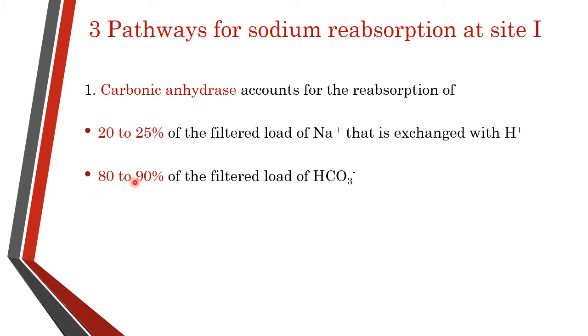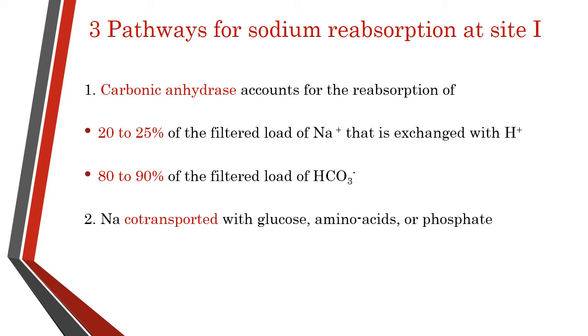Also, 80 to 90% of the reabsorption of bicarbonate happens under the influence of carbonic anhydrase. The second pathway is wherein sodium is co-transported with glucose, amino acids or phosphate. And then we have the third pathway where both sodium and chloride are reabsorbed together.